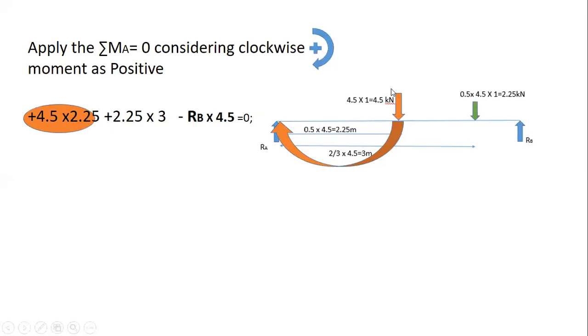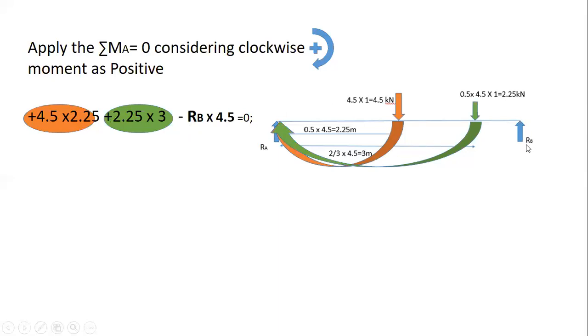Next, the second load is 2.25 kilonewton, which again is acting in the clockwise direction. So plus 2.25 into the perpendicular distance, which is 3 meter.